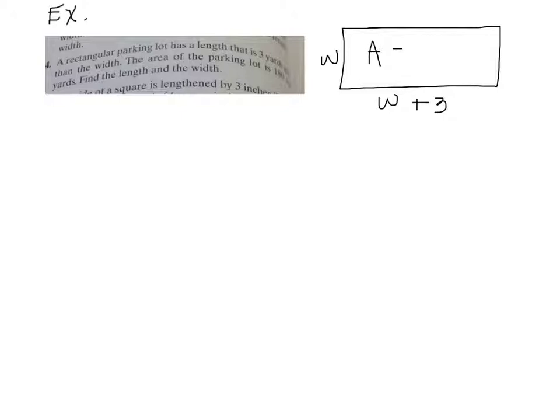Okay, we're going to look at this application problem. A rectangular parking lot has a length that is 3 yards greater than the width. So we don't know the width, but we know this is 3 yards greater. The area of the parking lot is 180 square yards.